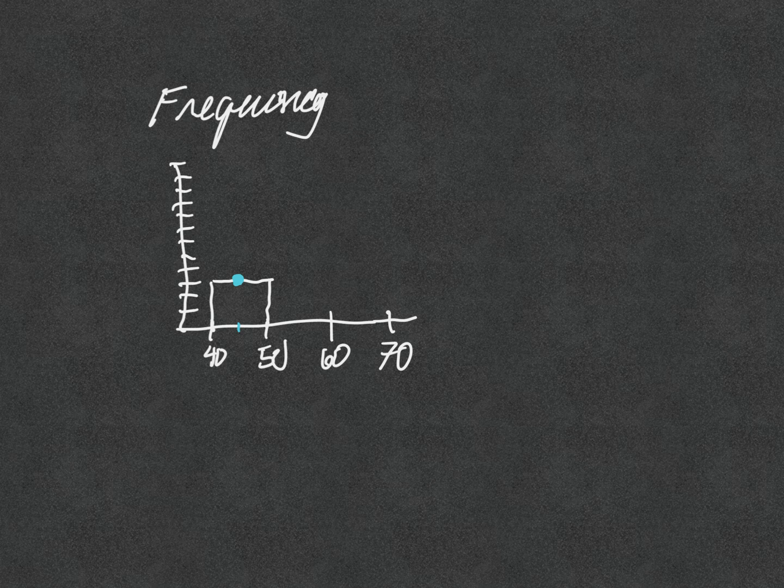Then from 50 to 60, say we had 12 presidents, and from 60 to 70, we had 10, and from 70 to 80, we had 5. Then for the frequency polygon, you just connect the lines. Instead of making bars, we're just doing a frequency polygon.